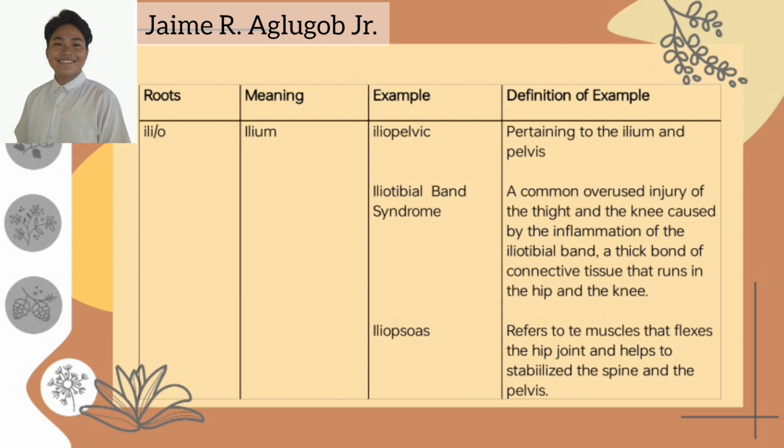And you know what, guys? Iliotibial band syndrome and iliopsoas typically occur in athletes, the ones who are running, dancing, doing high jumps, and a lot more. And here are some of the treatments if you have iliotibial band syndrome or iliopsoas.